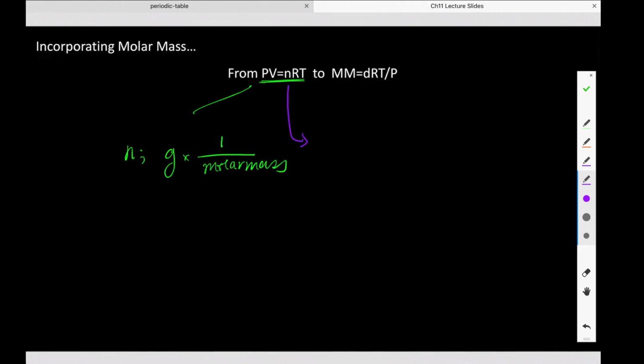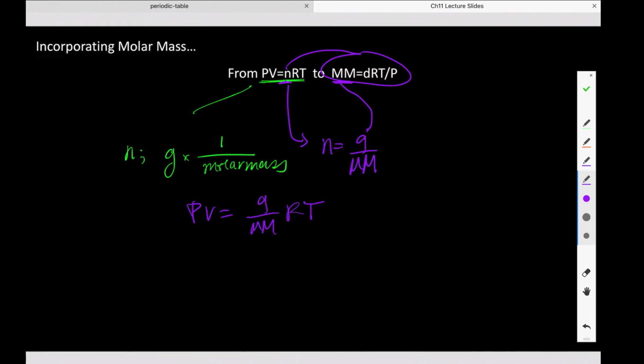So if n is equal to grams over molar mass, and I plug that in here and do some substitutions, I end up here, right? So PV is equal to grams over molar mass times R times T. And then if I bring molar mass over here, I have molar mass times V times P is equal to grams times R times T. And then if I divide by VP, grams over volume is my density term.